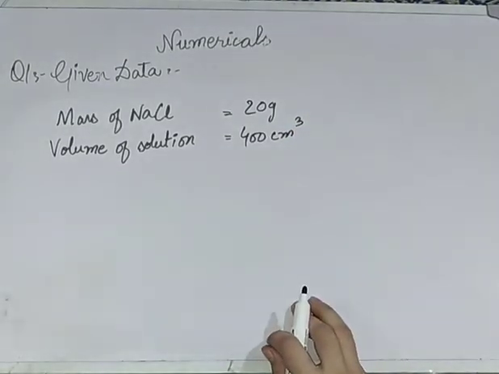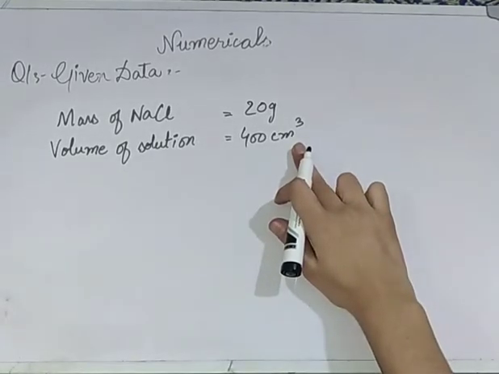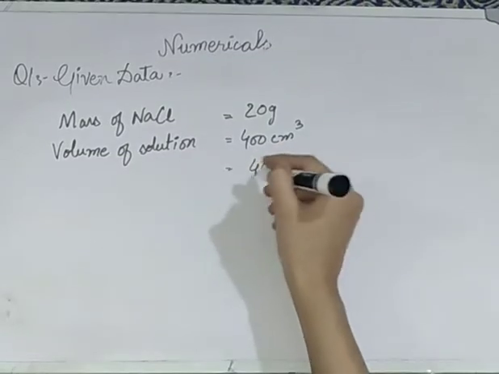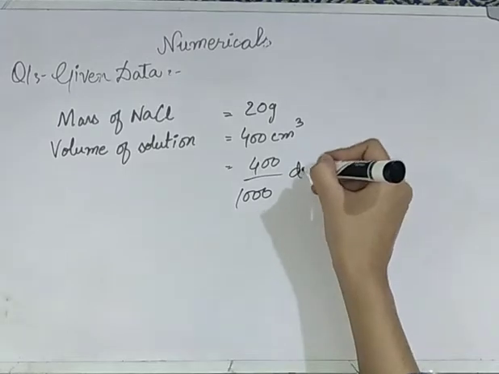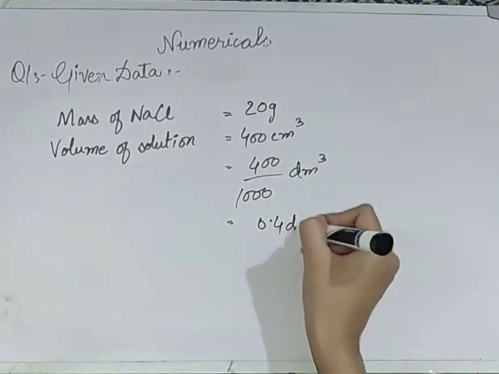Volume of solution in decimeter cube, we have to convert centimeter cube into decimeter cube. 400 divided by 1000, and we'll get the answer 0.4 decimeter cube.